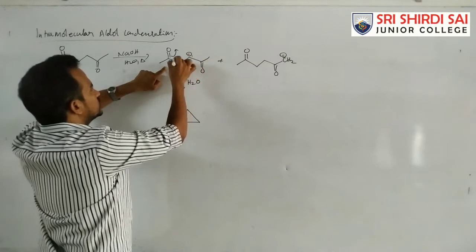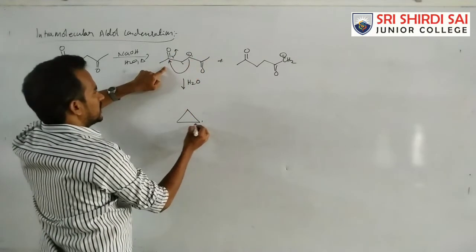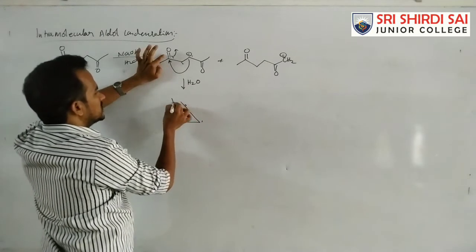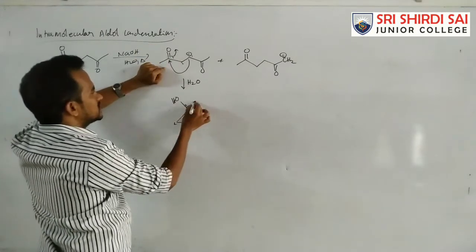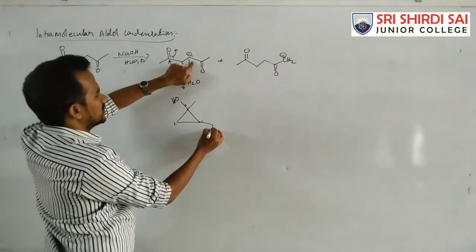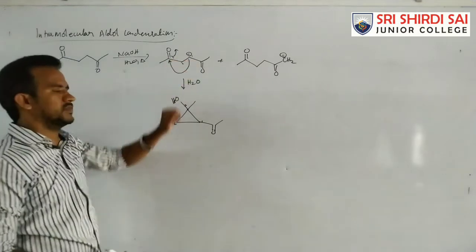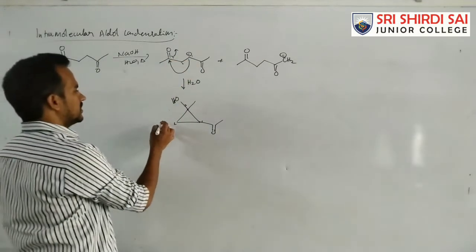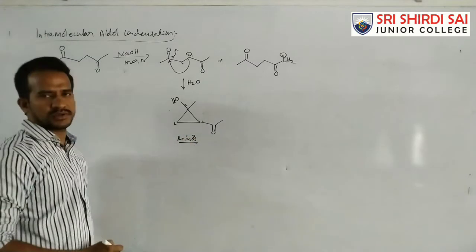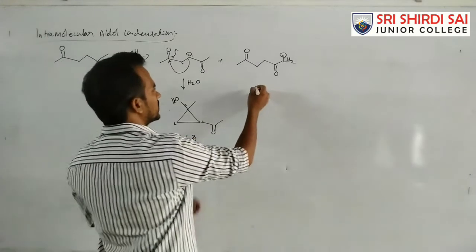On carbon 3 there is an OH and a methyl, and the first carbon contains the CO. Of course, it is a 3-membered ring, a minor product because it is unstable.